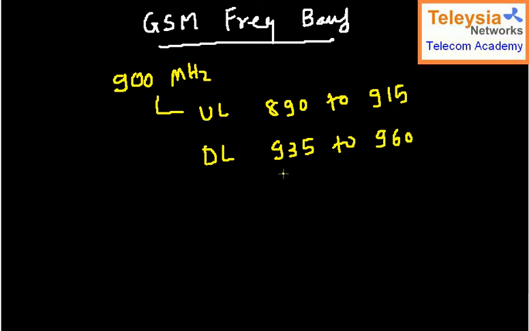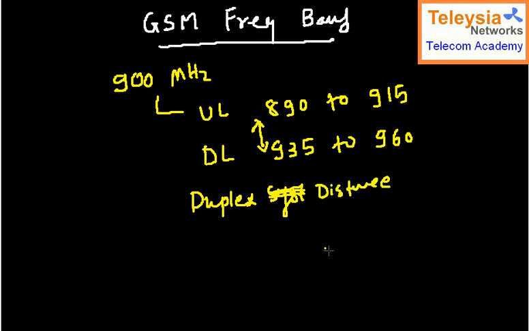You can see the distance between these two, which we call the duplex distance, which is 45 megahertz. We keep this distance to avoid interference between the uplink and downlink.